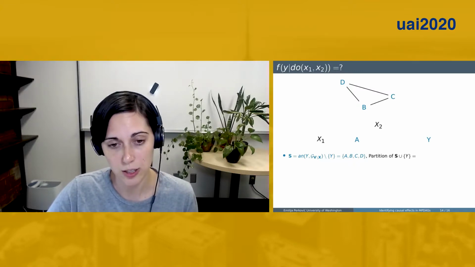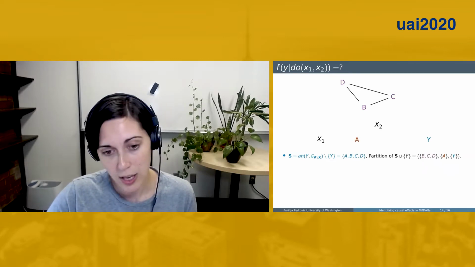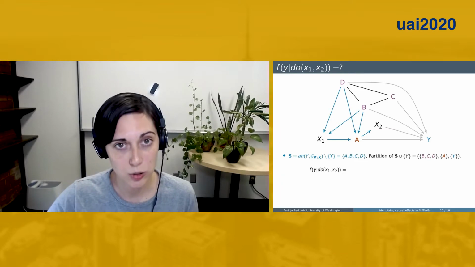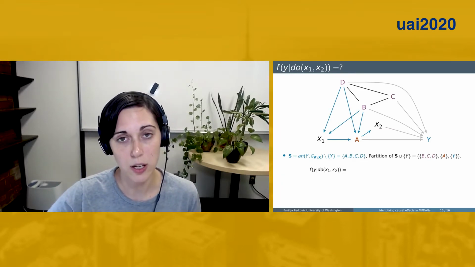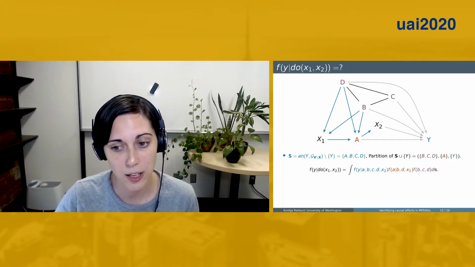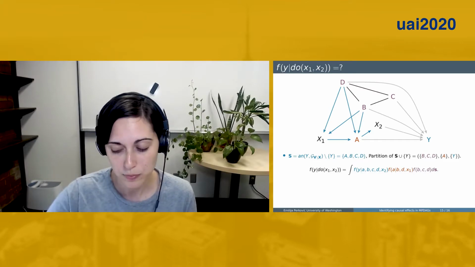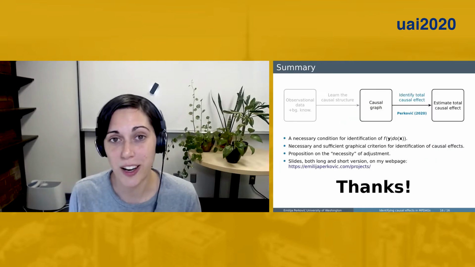So here in the undirected subgraph, we see that the components are B, C, D, A, and Y. And then finally, we can write out this causal identification formula by just taking all of these partitioned components given their parents, right? So you have Y given its parents in the MPDAG, A given its parents, and so on.